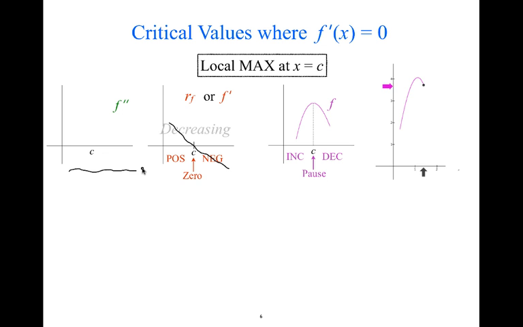Like this, right? If a function is decreasing, then its rate of change is negative. And so it's going to be down there. All right, so when you have a local max, the derivative is 0, and the second derivative is negative.